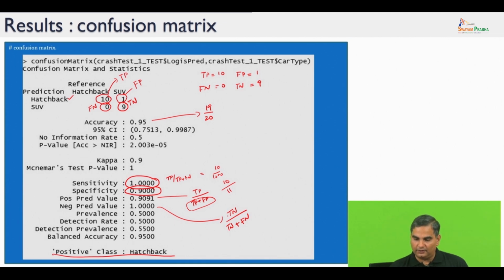True negative is 9 divided by true negative 9 plus false negative 0. So, 9 by 9, which is 1, which is what you see here. The other ones, prevalence, detection rate, detection prevalence and balanced accuracy, are very simple calculations based on the formulae that we have in the slides of this lecture. So, this gives you an idea of how to interpret the results that come out of an R code for a classifier.